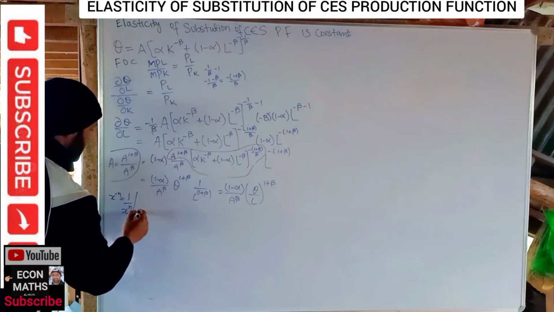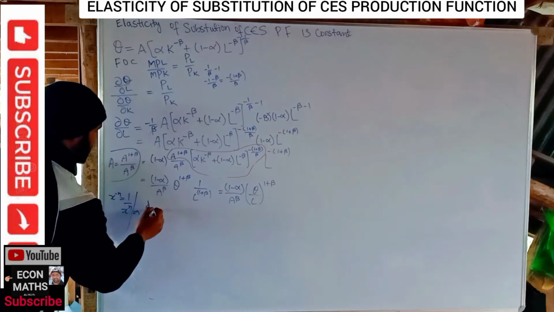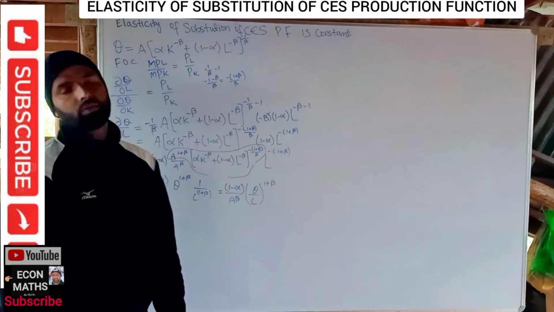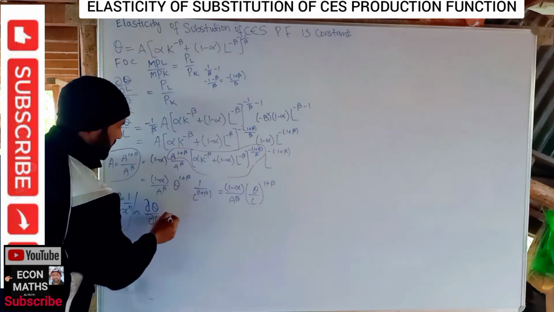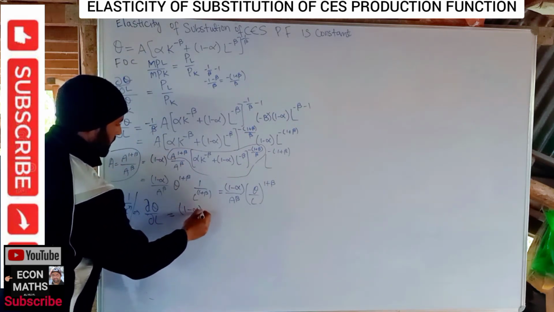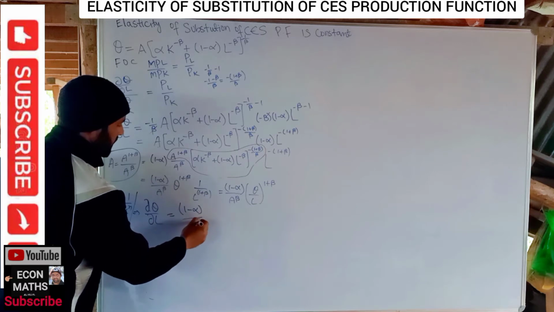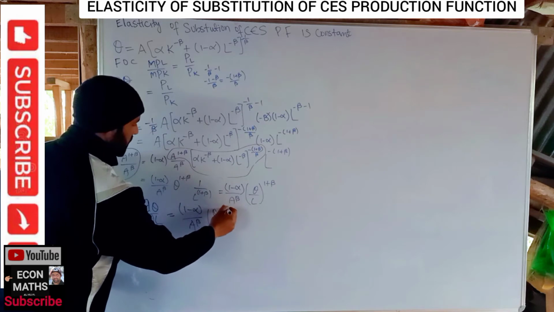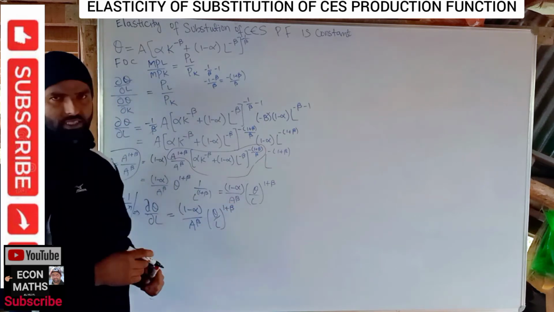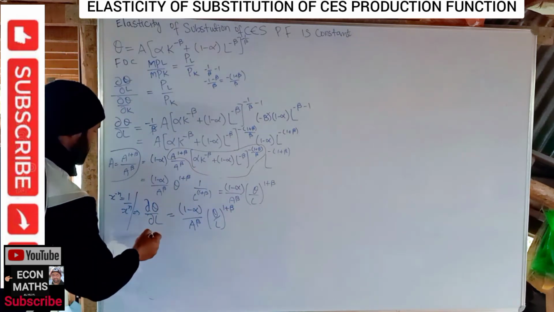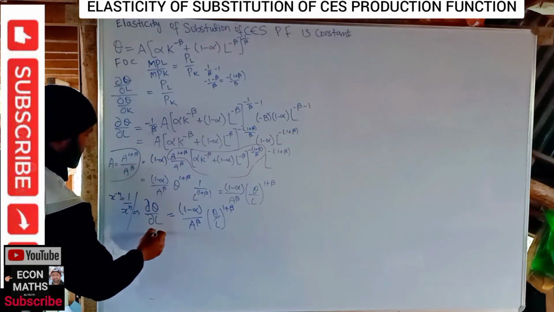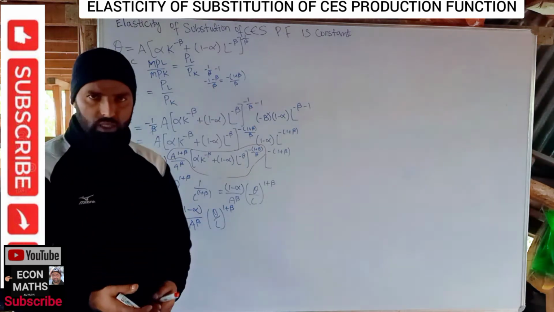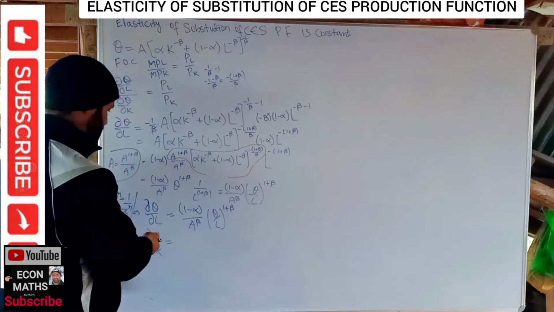This implies our dQ divided by dL, that is marginal productivity of labor, is equal to this very term (1 minus alpha) divided by A to the power beta, times Q divided by L to the power 1 plus beta. Similarly, we can show that marginal productivity of capital, that is dQ divided by dK, will be equal to, because of the lack of space I can't show this very expression.